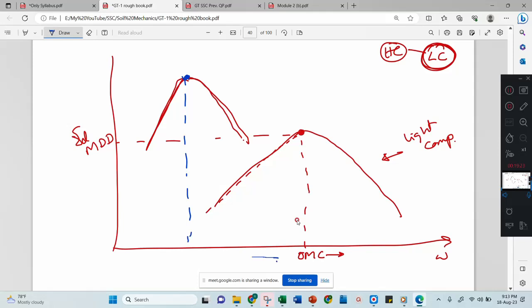Means for a small water content you are getting more density, the density is increased and OMC is decreased. Let us consider light compaction where you are getting 1.8 gram per cc as a density. You are getting 1.8 at 25% of water.